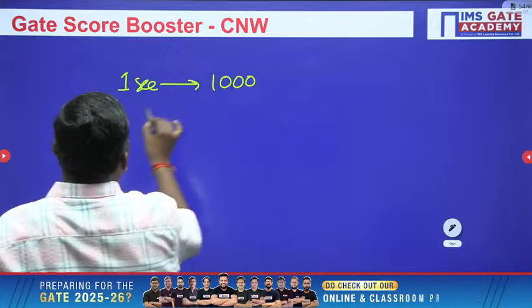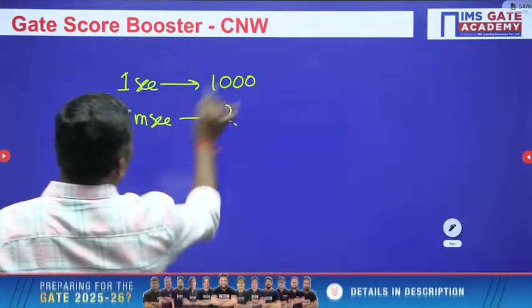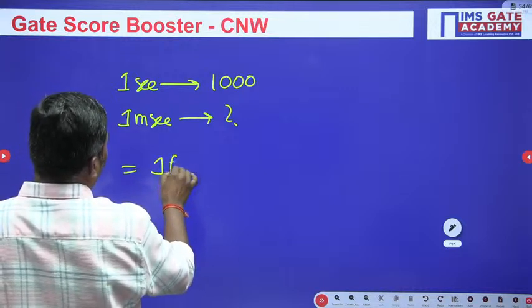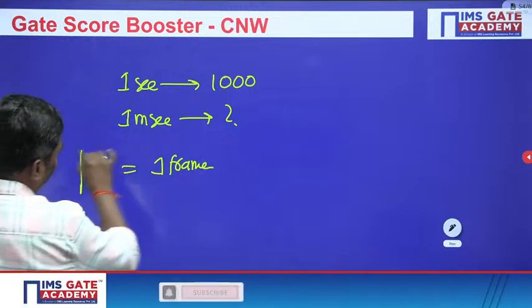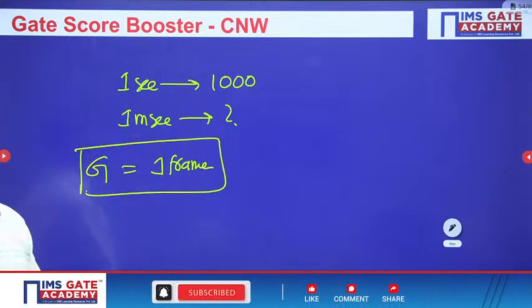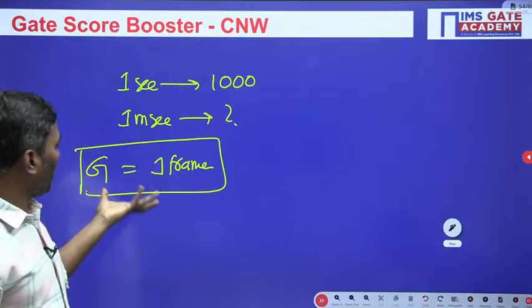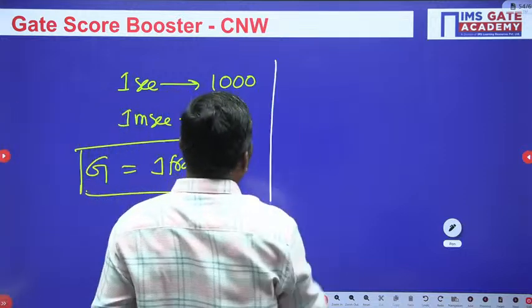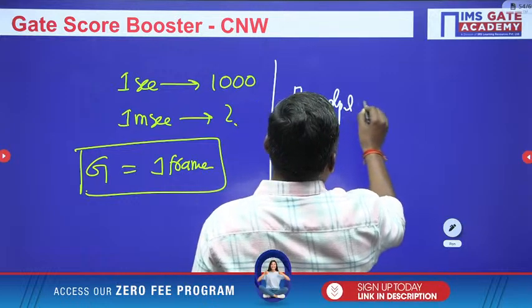In 1 millisecond, how many frames are you sending? 1 frame only, correct? This is nothing but your G value. G is the average number of frames sent in one frame delay, which is 1 only.